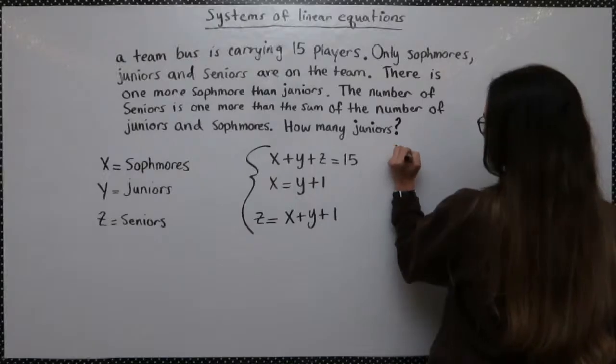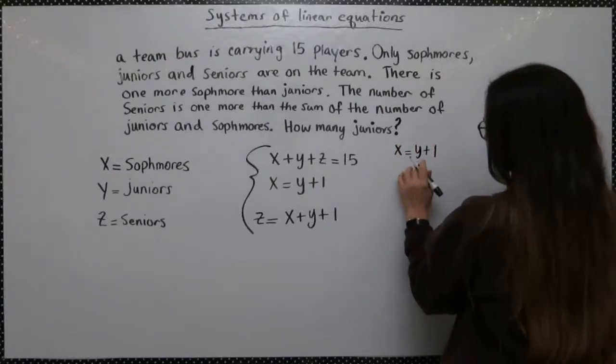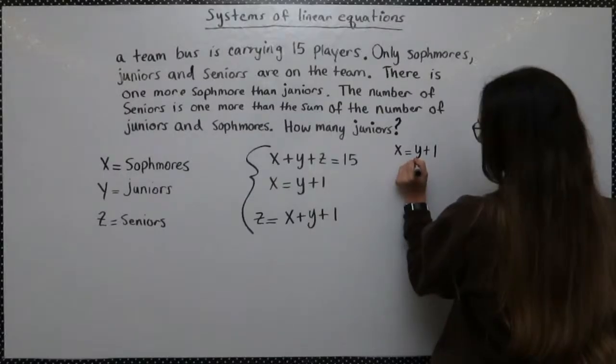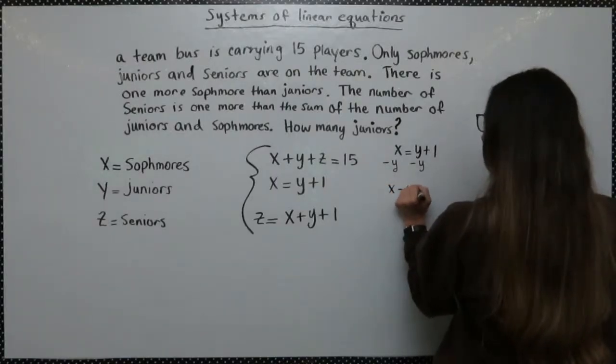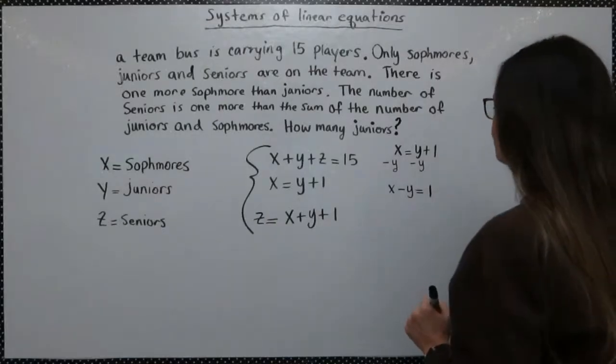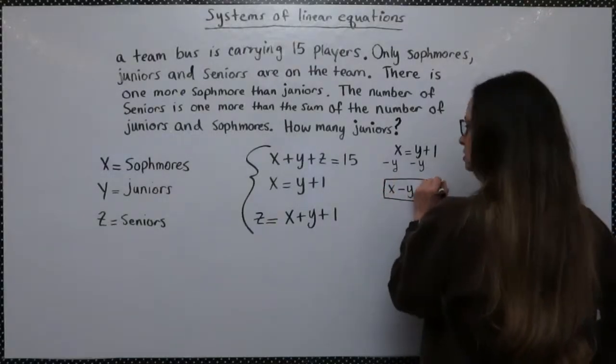I can manipulate this. I can subtract the quantity y from both sides, and that's going to give me x minus y equals 1. I'll just box that for a minute because we'll rewrite them in just a second.